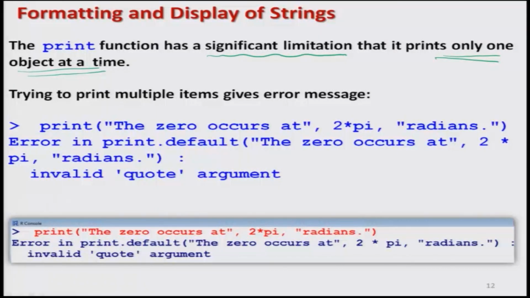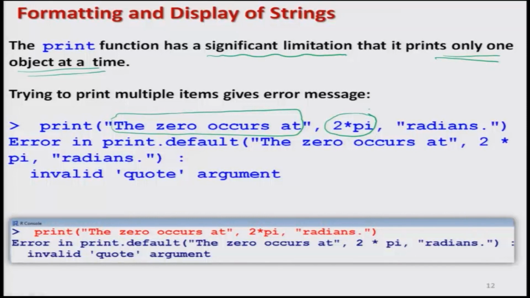Suppose I want to print the outcome in a particular way, that first I want to print "The 0 occurs at" as such, that is a string. This whole sentence should appear exactly in the same way, and then whatever is the value of the variable 2 into pi.